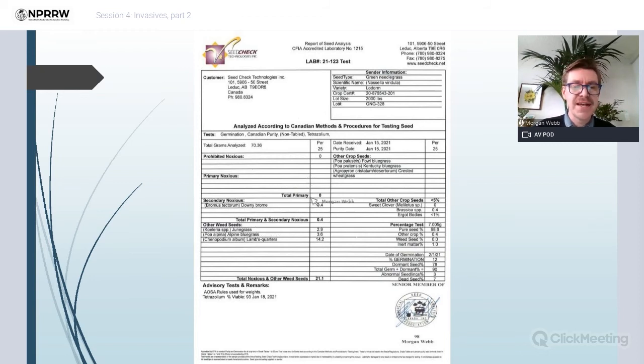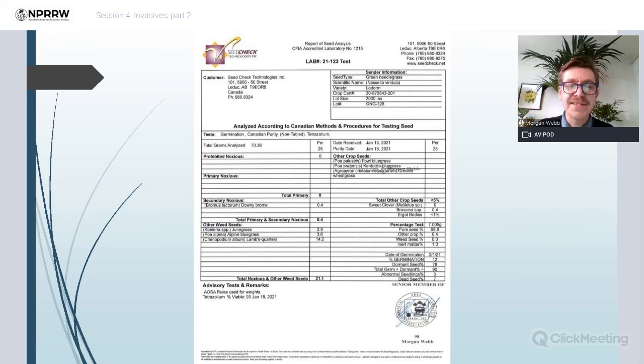You can see that for the downy brome we have this odd 0.4. What that means is we've used this 70 grams to analyze the seed, and we found 1 in the whole 70 grams, but we've reduced it down to be the per 25 grams that is found on the grade table. So it's not that we found less than half a weed, we found a whole weed, but we're reporting those numbers as an extrapolated number to represent the 25 grams.